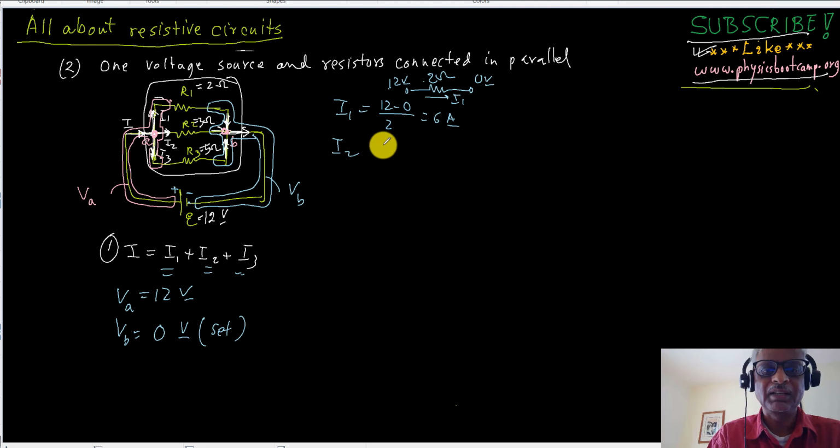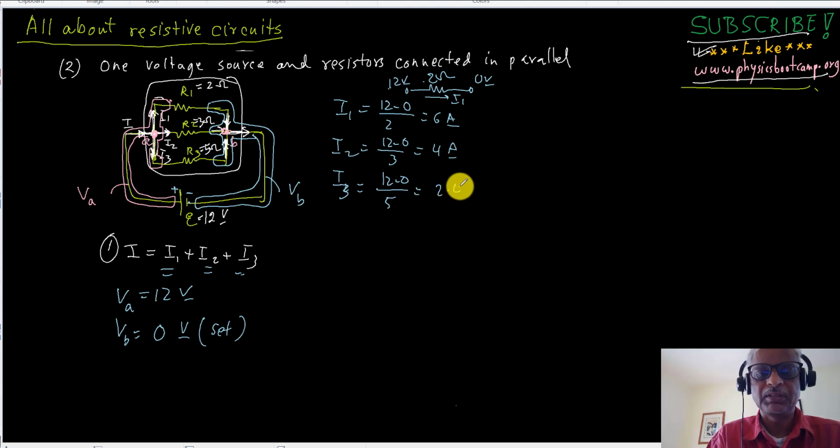I2 similarly is 12 minus 0 over 3, 4 amp. And similarly, I3 will be 12 minus 0 over 5, 2.4 amp.